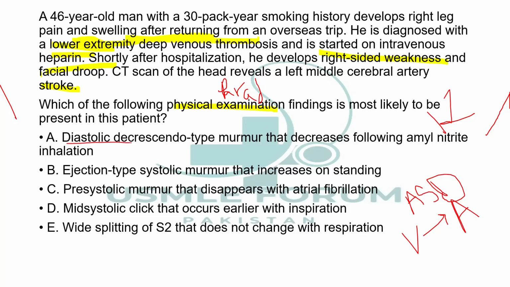Now, you have to understand that this option is relating to aortic regurgitation, because first of all, it is a diastolic type of murmur, and it is a decrescendo type of murmur, which means it is decreasing in its intensity. So this is pointing towards aortic regurgitation.